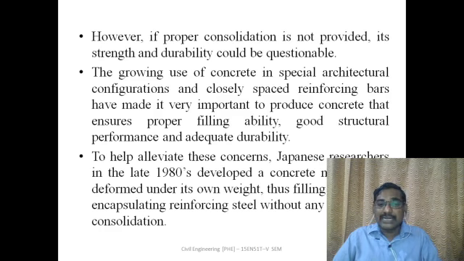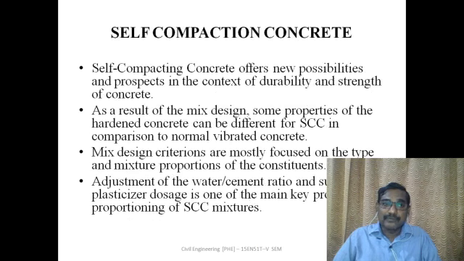In 1980s, these types of concretes were introduced in Japan. Self compacting concrete offers new possibilities and prospects in the context of durability and strength of concrete.